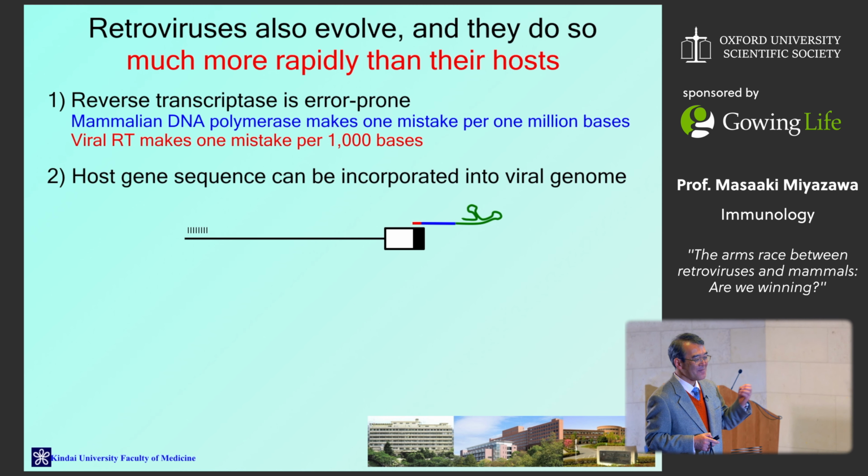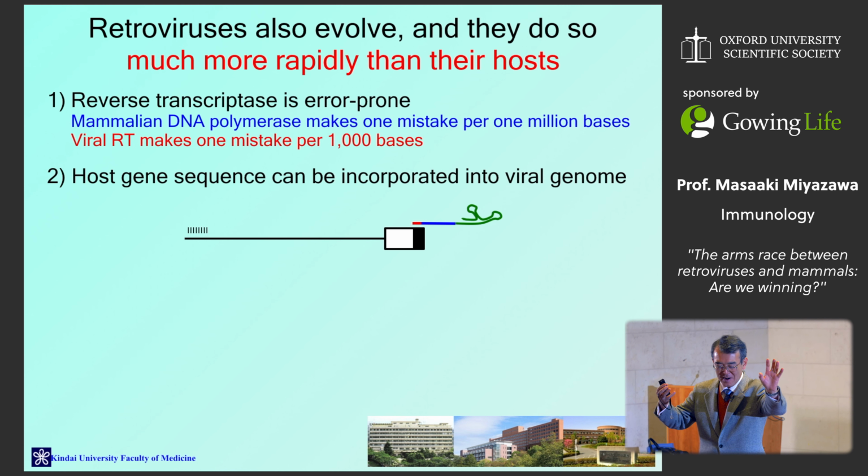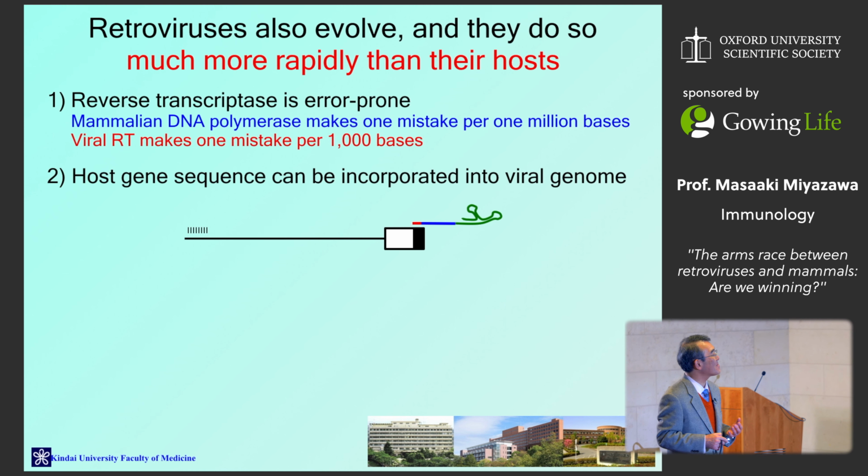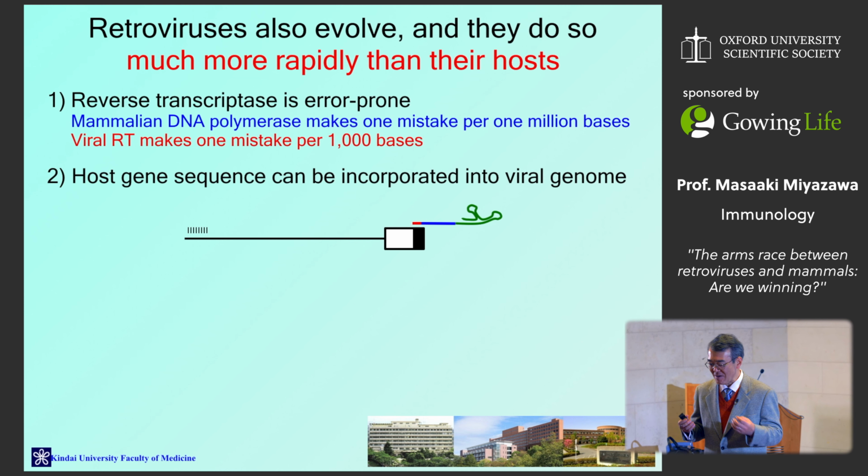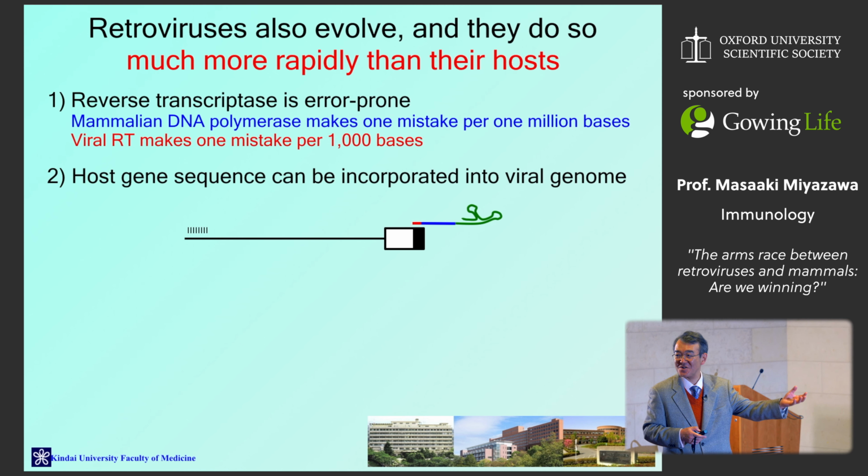And if a DNA polymerase makes a mistake, we have a repair mechanism that excises the mispaired nucleotide, makes a nick, and replaces the mistaken nucleotide with the correct one. But in the case of retroviruses, the reverse transcriptase is error-prone, and it makes one mistake per 1,000 bases, meaning that the retroviruses can mutate 1,000 times faster than us.